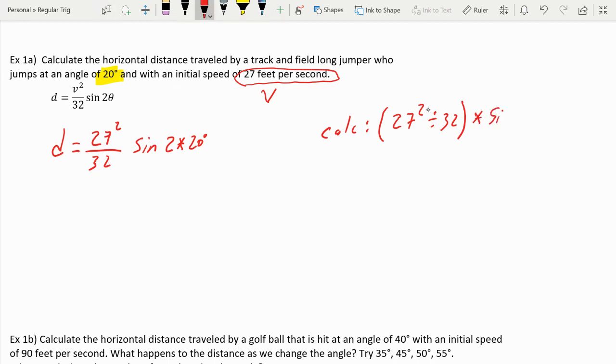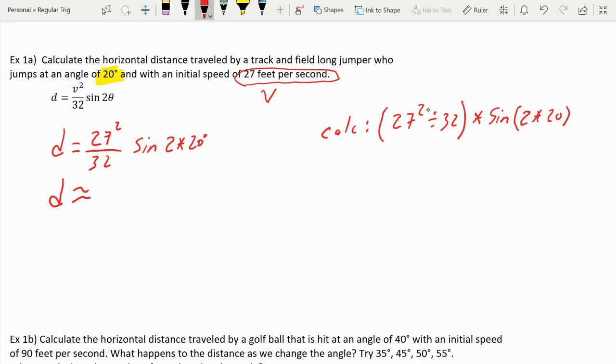Hit the sine button, open a parenthesis, and type in 2 times whatever angle they give us. It's going to be the same exact setup every single time for these beginning problems.